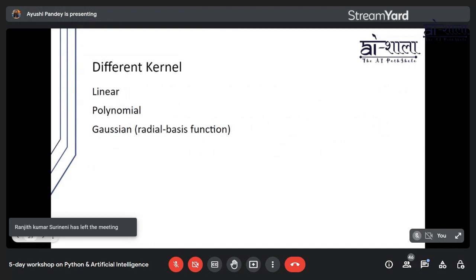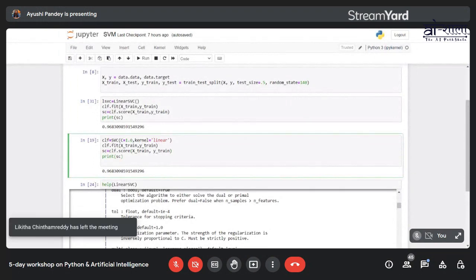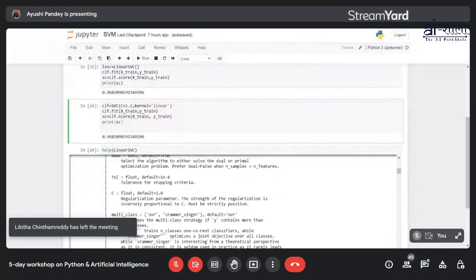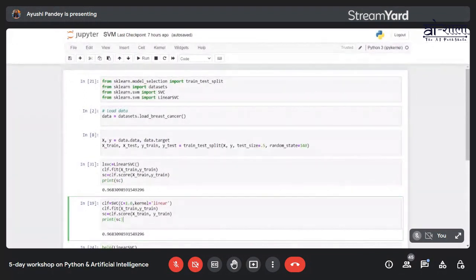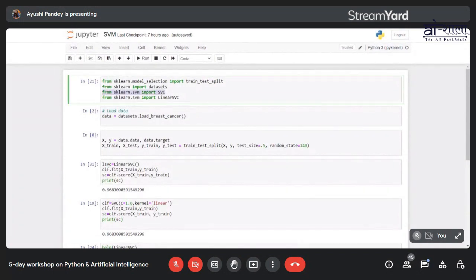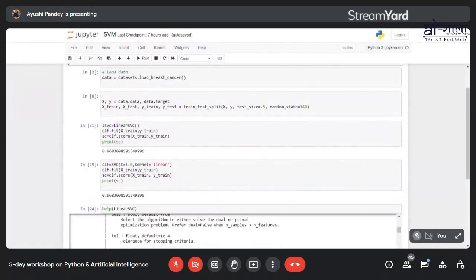So what happened? So now my data is this. Okay. So now back to this data. For this, my import is SVC. Okay. So I've loaded the data. The process is the same. And now I'm taking this SVC.